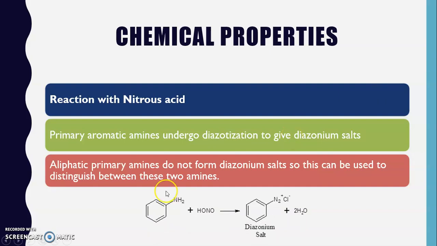This is, for example, the reaction of aniline with HNO2. Just I have split that HNO2 into HONO, so that first there will be formation of this particular diazonium salt. Another nitrogen atom is bonded to this nitrogen atom.